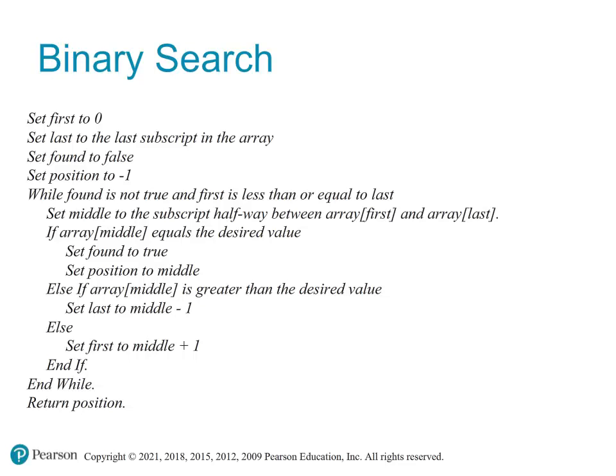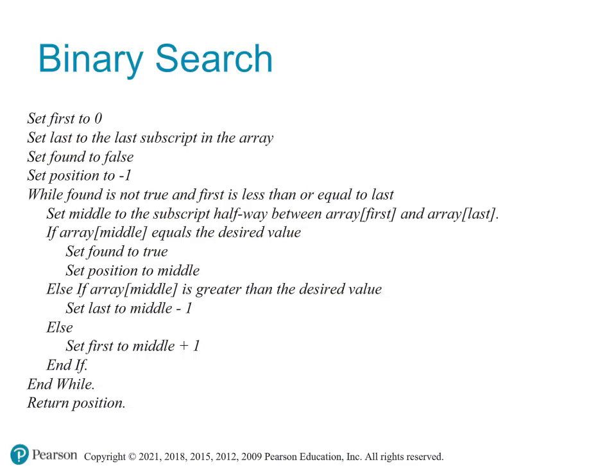Enter a while loop that runs as long as found is false and first is less than or equal to last. Inside the loop, calculate middle as the index halfway between first and last. Compare the middle element, array subscript middle, to the desired value. If it's a match, set found to true and the position to middle.